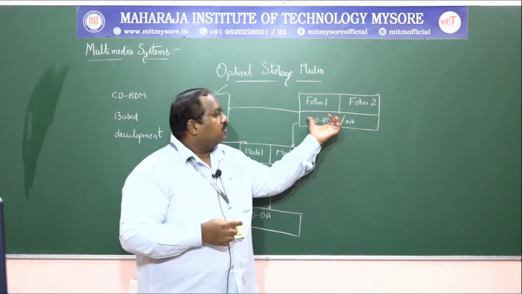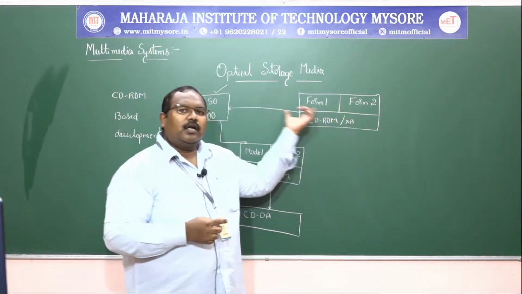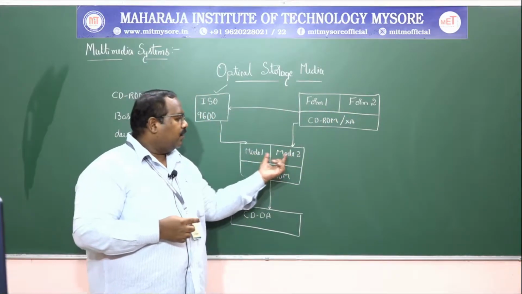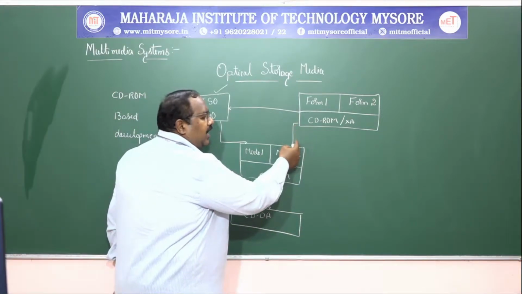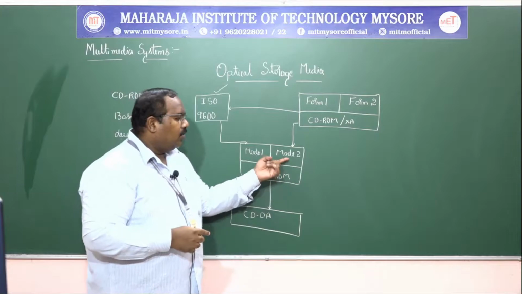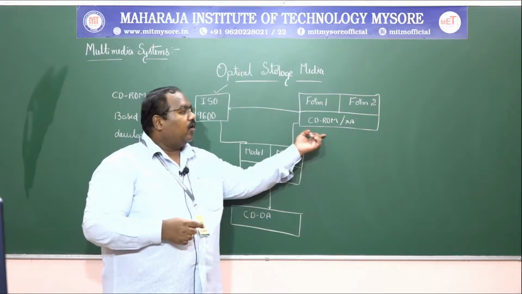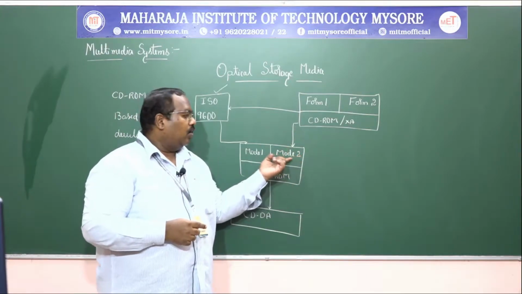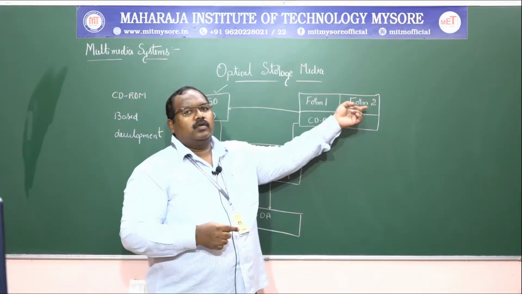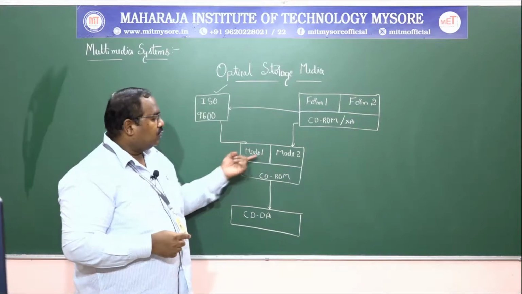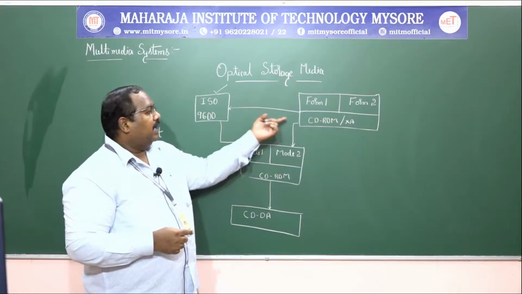Look at this. Form 1 and form 2 are derived only from mode 2 of CD-ROM. A particular arrow points only towards mode 2, meaning CD-ROM XA uses only mode 2 form 1 and mode 2 form 2, while CD-ROM totally has two modes, mode 1 and mode 2.